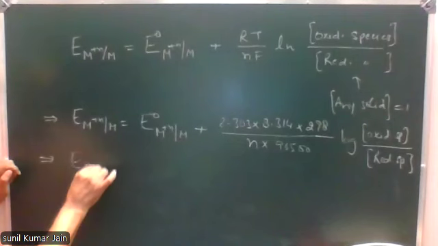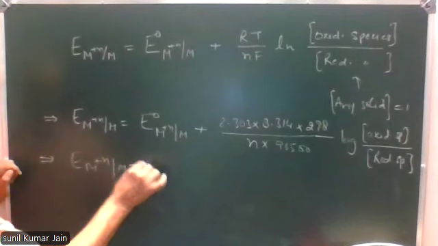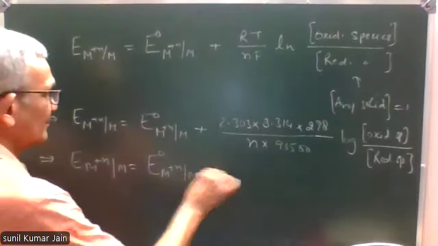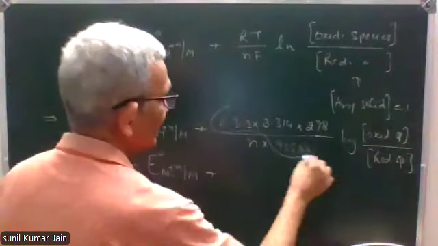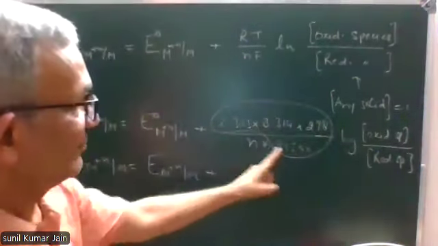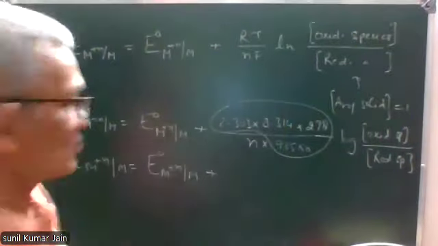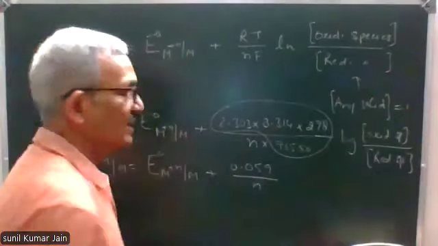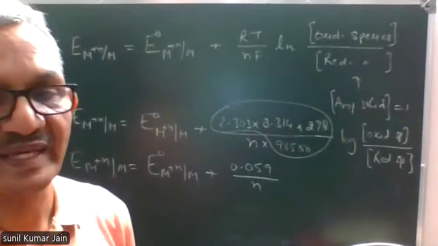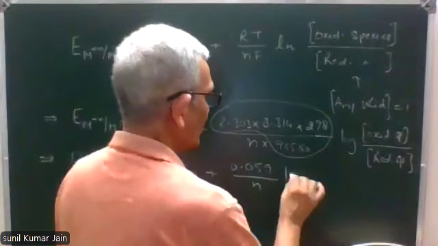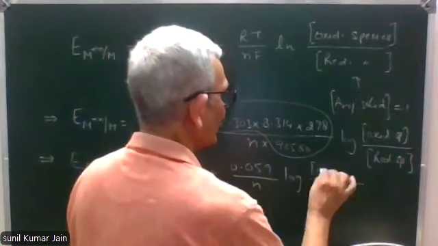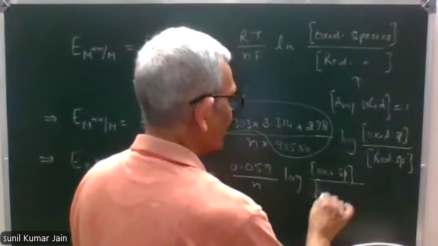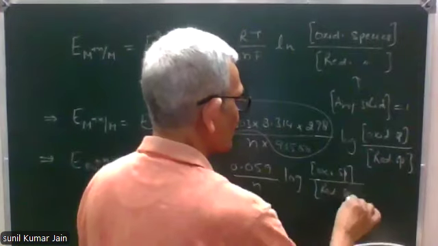Finally, non-standard REPV is equal to the standard value plus, the value of this part you will remember. This will be 0.059 divided by n, the number of electrons transferred, log of concentration of oxidized species divided by concentration of reduced species.